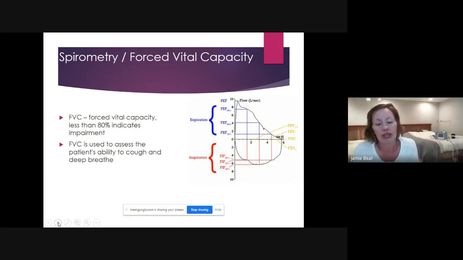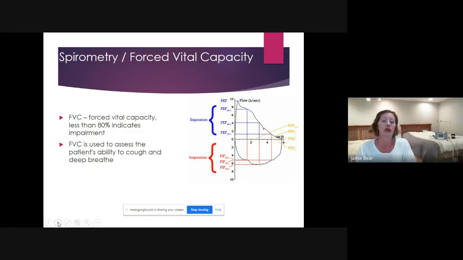So with spirometry, the main maneuver that you have your patient do is the forced vital capacity. If the forced vital capacity is less than 80%, it indicates that there's impairment with the lungs. The forced vital capacity is used to assess the patient's ability to cough and deep breathe.